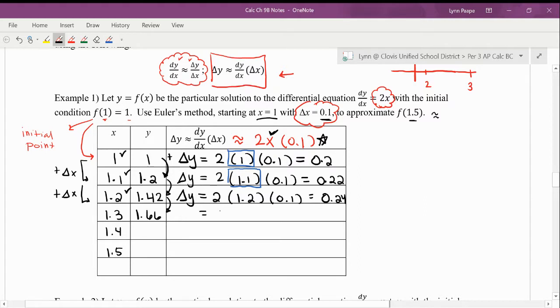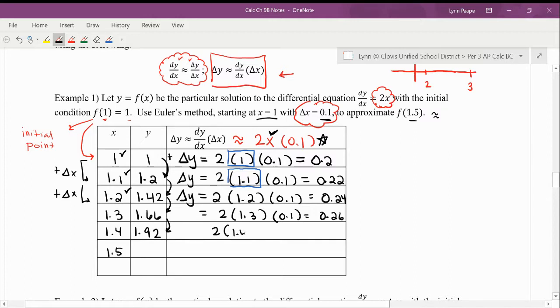Then keep going, right? It'll be 2 times 1.3 times 0.1, and that gives me 0.26. Then I'm going to add that, so that would be 1.92.